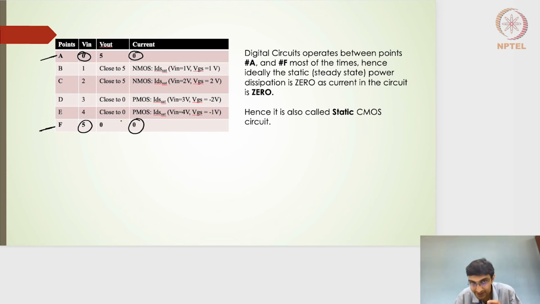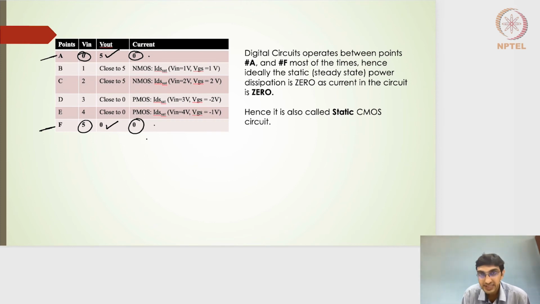So in a steady state operation of an inverter, steady state implies that once the input is given and after a certain time is over, after the transition is over, the output voltage will be either 5 volts or 0 volts, and then the steady state current is actually 0 in both the cases, right? Now that is a very significant point, or an advantage or a benefit, for the CMOS transistors.